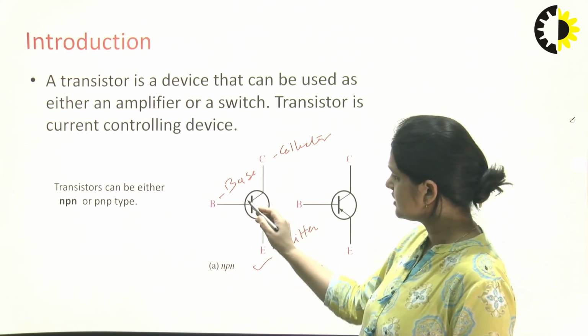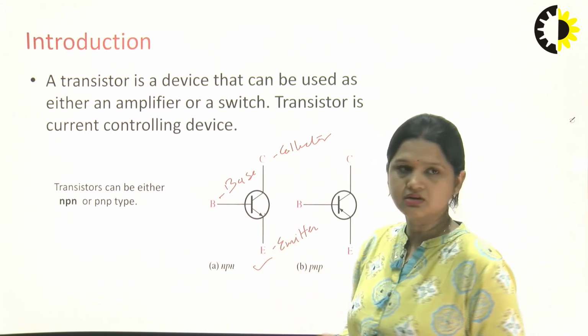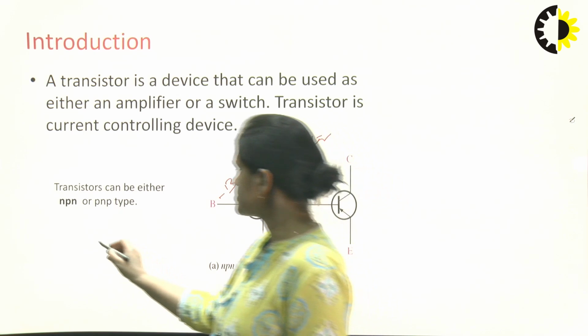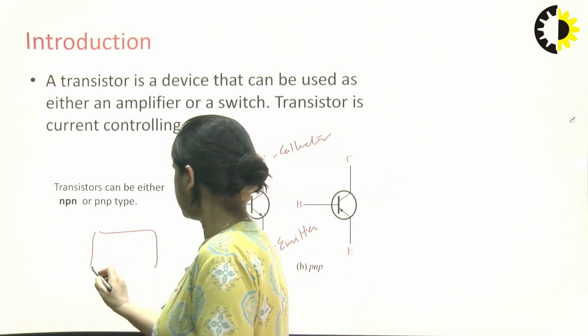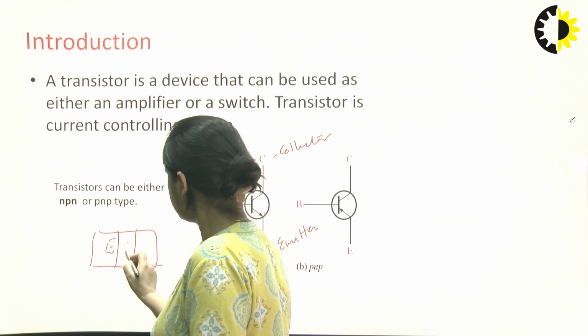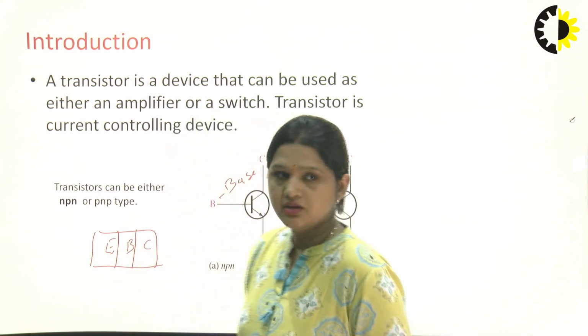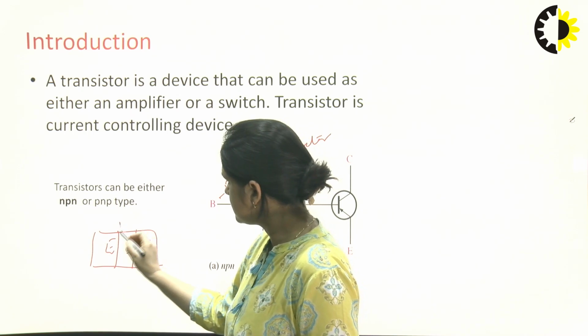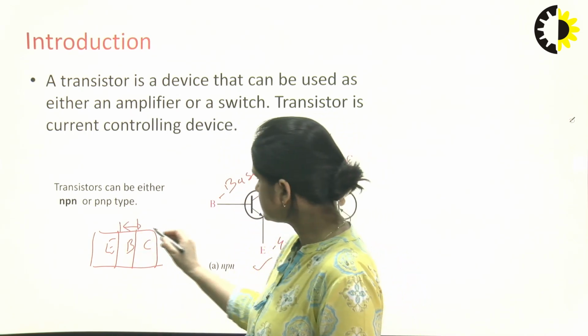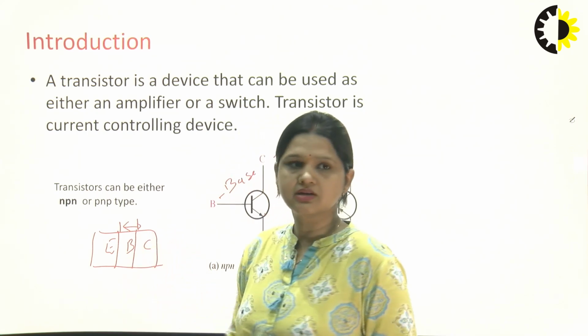Here this symbol is showing the direction of the current, and from the construction, which is emitter, base and collector, the base thickness is less than the emitter and collector, and the area of the collector is greater than the emitter.